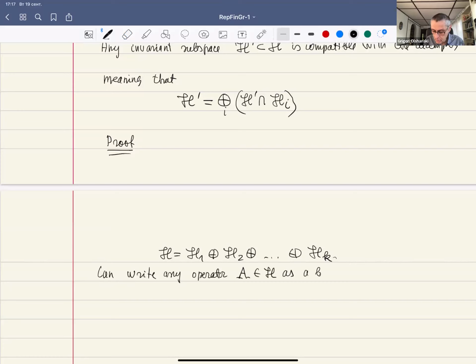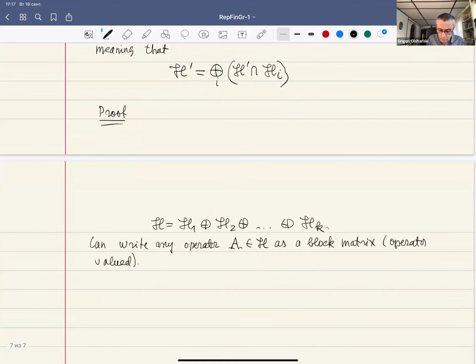A block matrix operator just means that A can be written in this form.